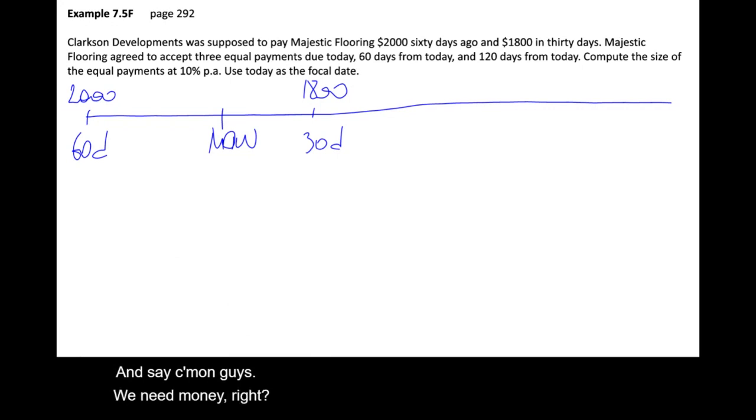So, and what this money is, 3 equal payments. One is today, one is 60 days, and one is 120 days. So is that part clear?